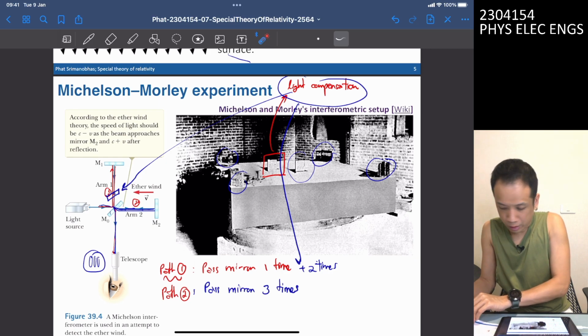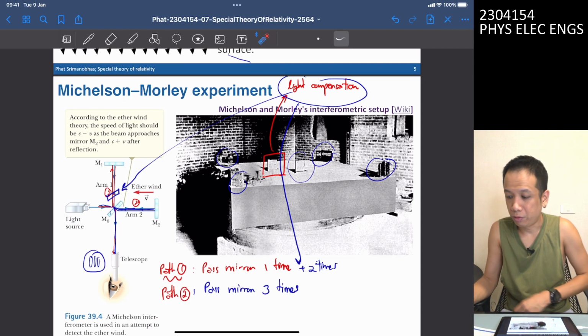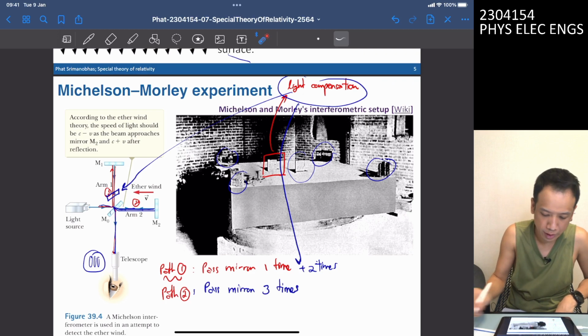Again, this experiment is set up to detect the motion of the Earth relative to the ether.